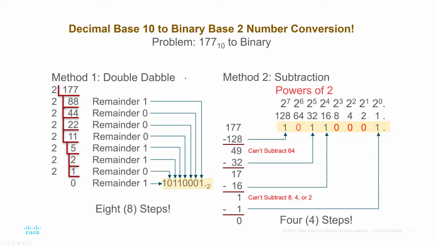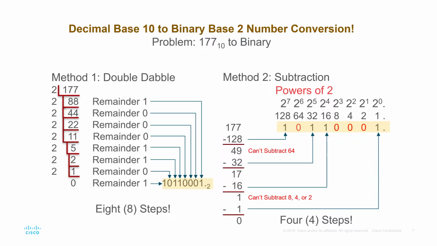The first method, the double-dabble method, works by repeated division. We take the decimal number, in this case 177, and we divide by 2. That gives us 88 with a remainder of 1, which we put to the side. We then divide the 88 by 2, which gives us 44, and it went in evenly, so the remainder is 0.